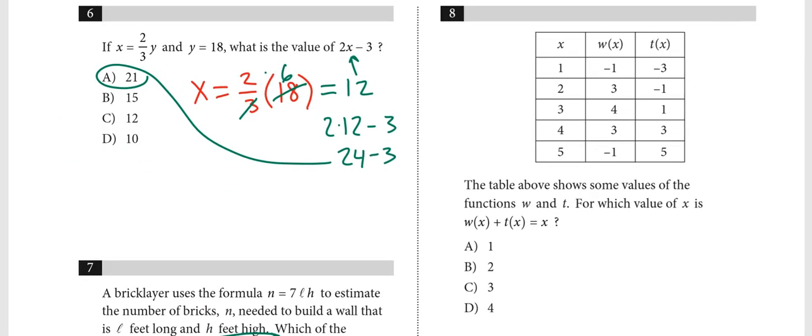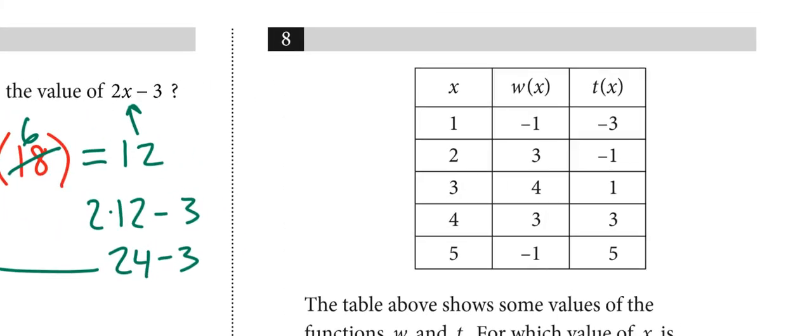The table above shows some values of the functions w and t. For which value of x is w of x plus t of x actually equal to the original x value you started with? Which one? 2? Yeah, all I'm doing is I'm adding these two things together, and I'm seeing if I get the original x value.